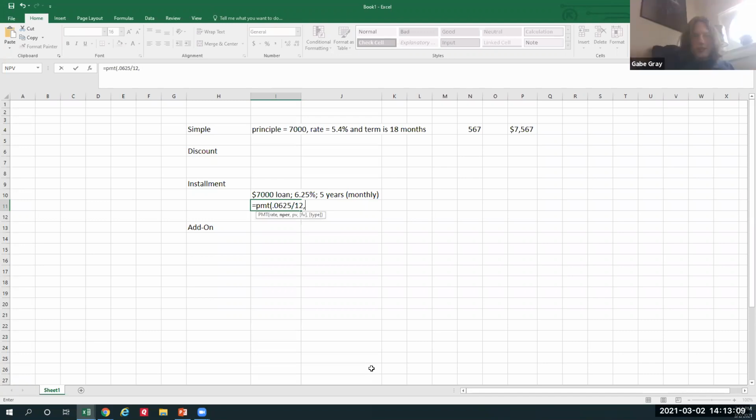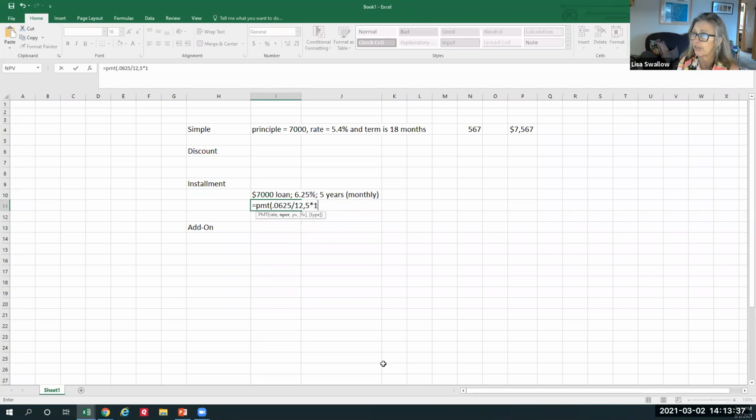Oh, you need your years. So that's part of it, but it asks how many times are you paying in total over the life of the loan? Am I making 5 payments? You're making 60 payments. Yes, and if you couldn't do that in your head, you can just put math right into the factor. I could do the 5 times 12 right in there.